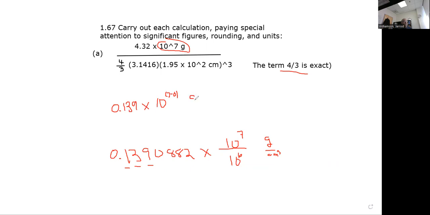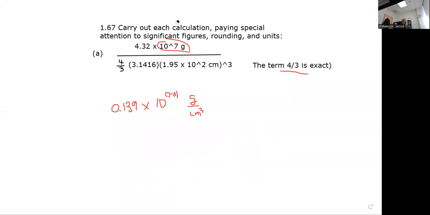I have grams per cubic centimeter. Okay. And then that'll be 0.139 times 10 to the 1 grams per cubic centimeter.